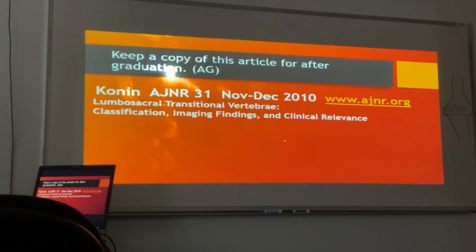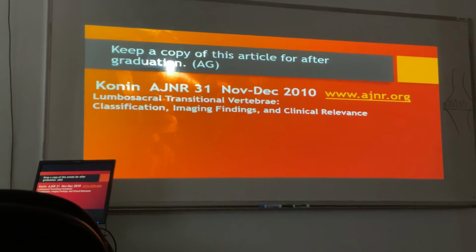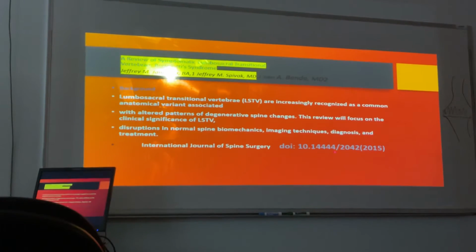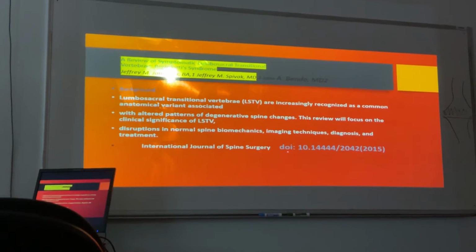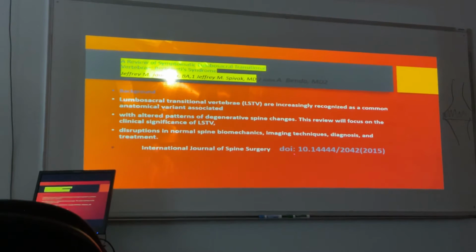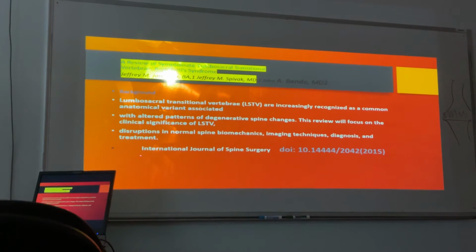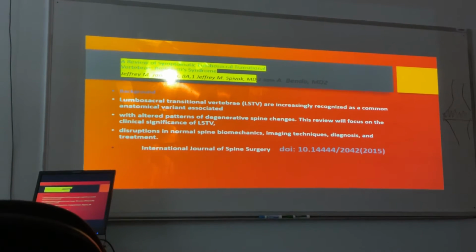So 210, they said, possible association with back pain. I will post for you the URL, or maybe I have it, this one, okay? This was 2015. If you just put this in, you'll get the same article, all right? And they always cover their bases and say more investigation is needed, okay?